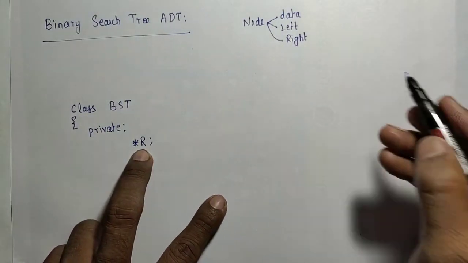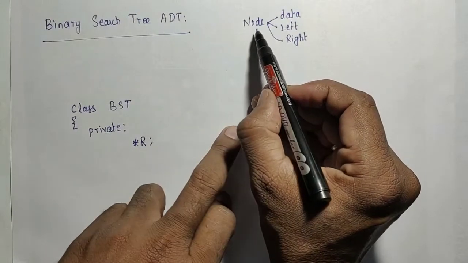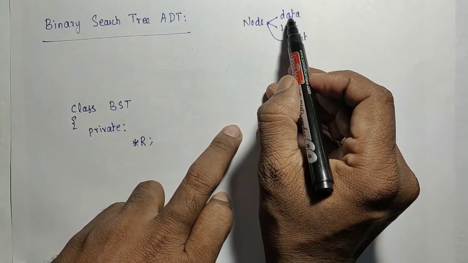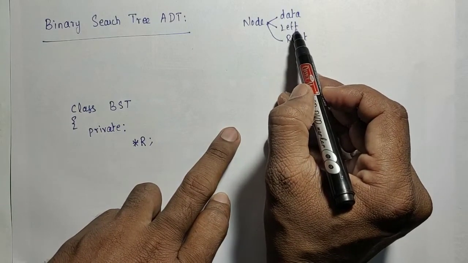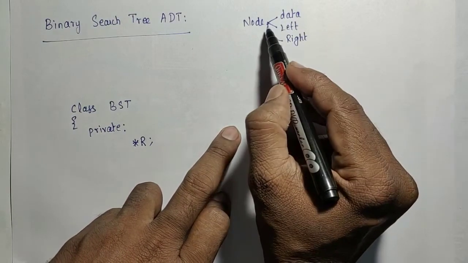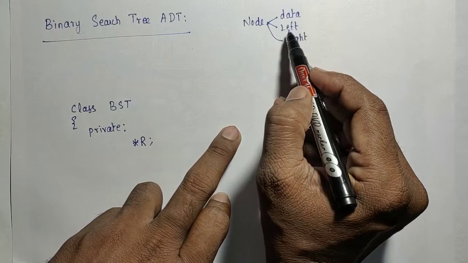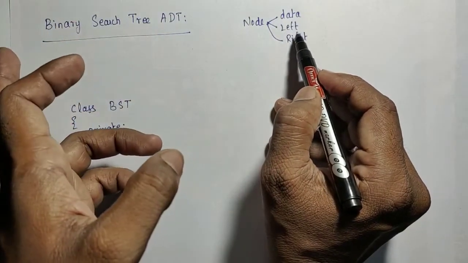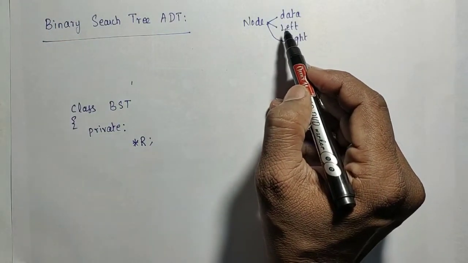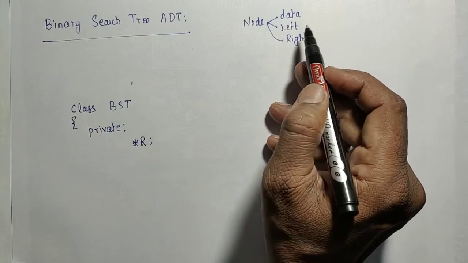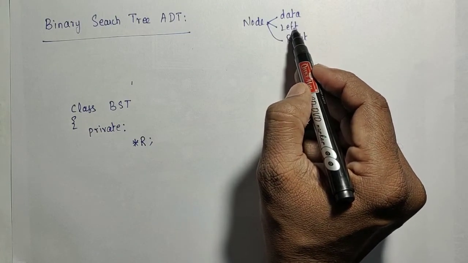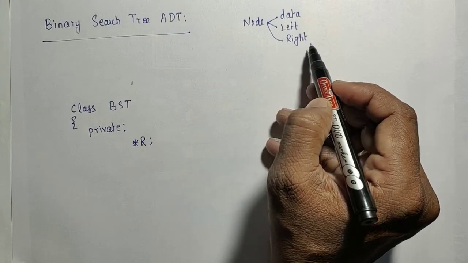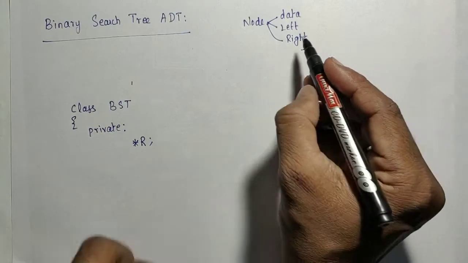In the linked list concept, each node will have the data, and then the next. In the singly linked list, the data and then the next. In the doubly linked list, data, the previous node, and then the next node. But here, the data and the address of the left node, and then the address of the right node.